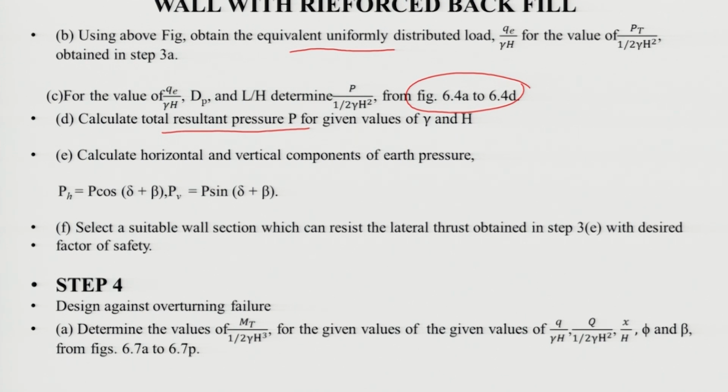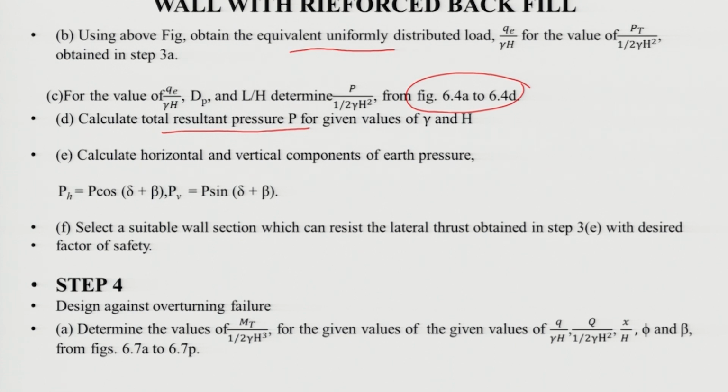Now select a suitable wall section which can resist the lateral thrust obtained in step 3E with the desired factor of safety. We have already calculated in 3. So, the next step will be step 4, in which we design the structure against overturning failure.